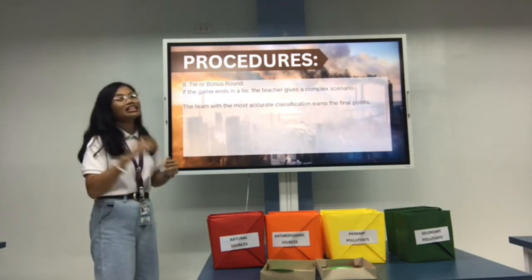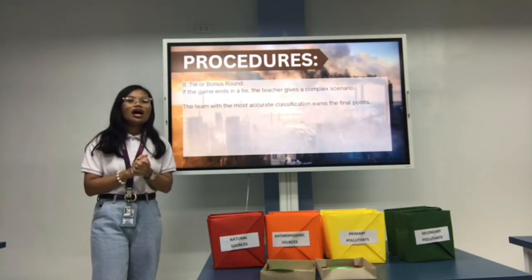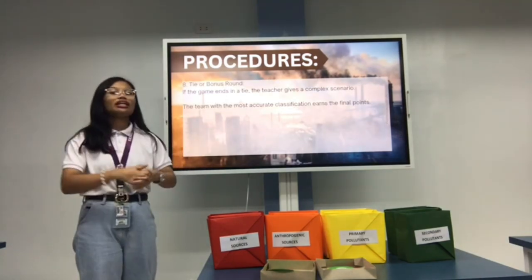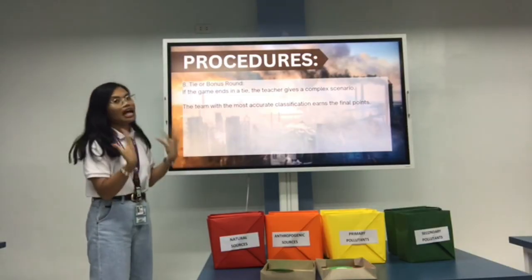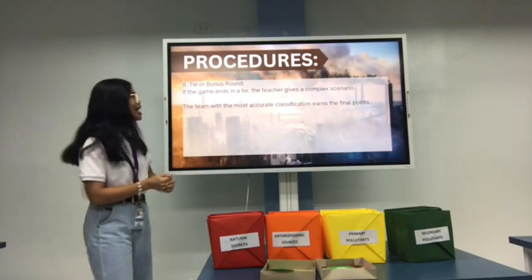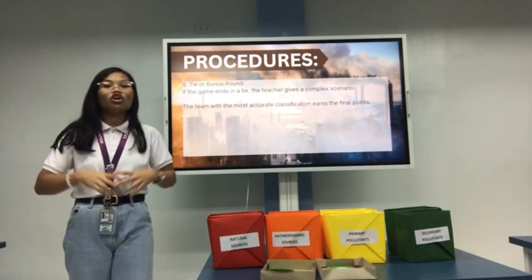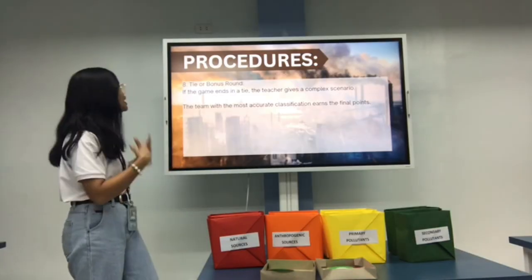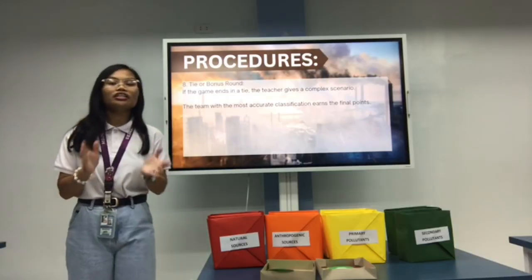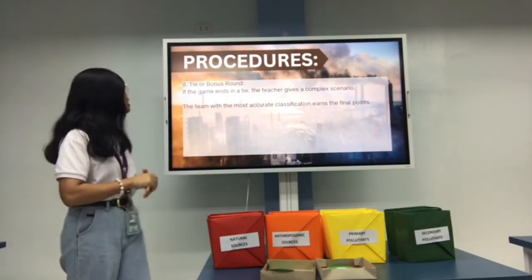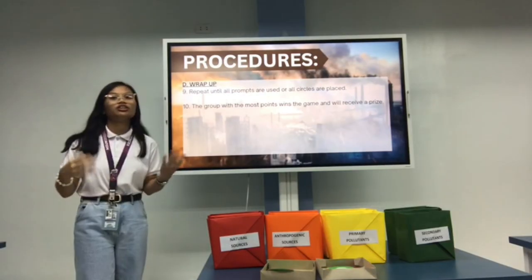So we have here a tie or bonus round. There is a possibility of a tie, so we need to have a bonus round. If this happens, the game ends in a tie, no? The teacher gives a complex scenario and the team with the most accurate classification earns the final point. Okay? And lastly, we have here the rank up.